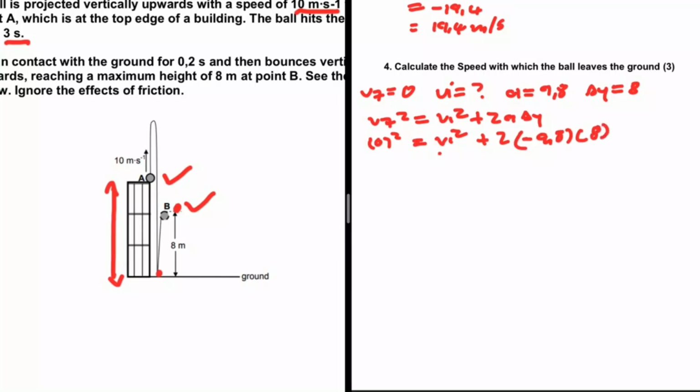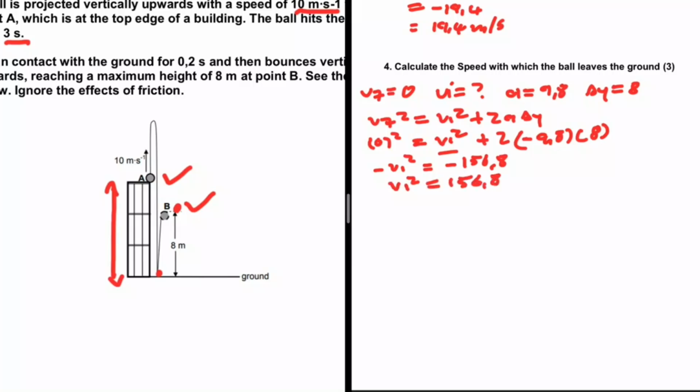Okay, so if we take Vi squared to the left-hand side, we're going to have minus Vi squared. So minus Vi squared is equal to minus 156.8. Dividing both sides by minus 1, Vi squared is equal to 156.8.